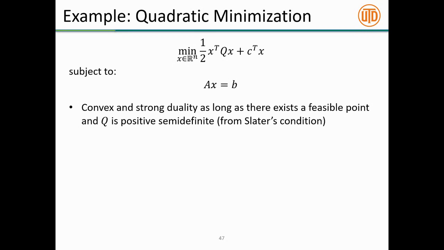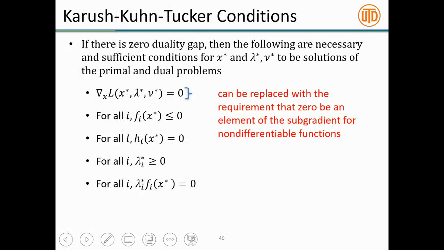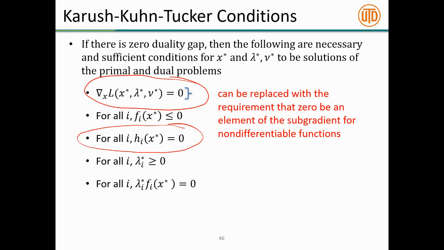So since there's zero duality gap, we can apply the KKT conditions to find a characterization of the optimal solutions. It doesn't always work out so nicely, but in this particular case, the KKT conditions tell us we need the gradient of the Lagrangian with respect to x, evaluated at the optimal point, to be 0, and that all of the primal equality constraints have to be satisfied.